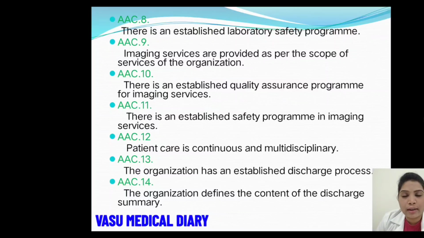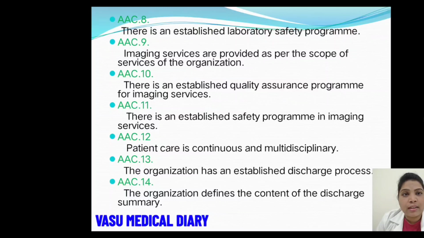If you are handling reagents which irritate the eyes, you should have a proper eye washer machine, and then there should be a proper quality check and calibration of all the machines. They have to use all the necessary PPEs, personal protective equipment, properly, and whatever lab-related safety programs are listed in NABL, you have to follow everything.